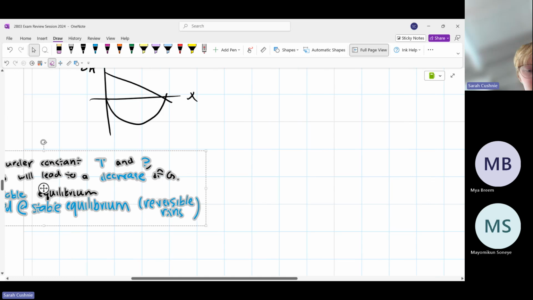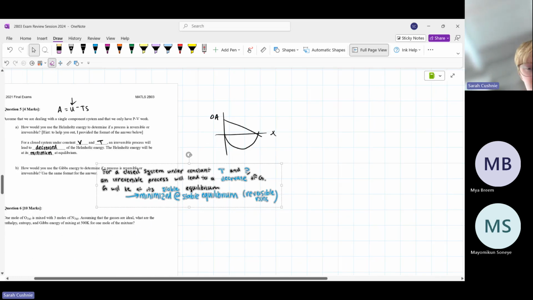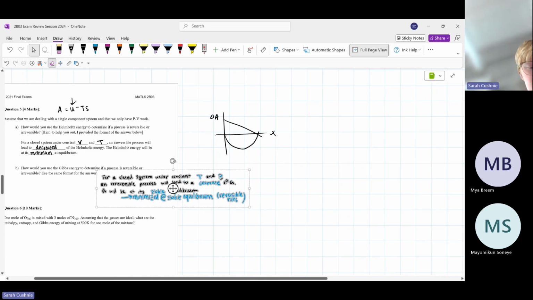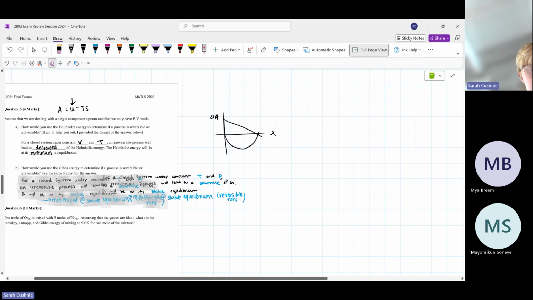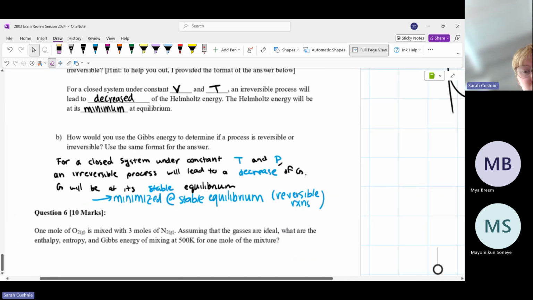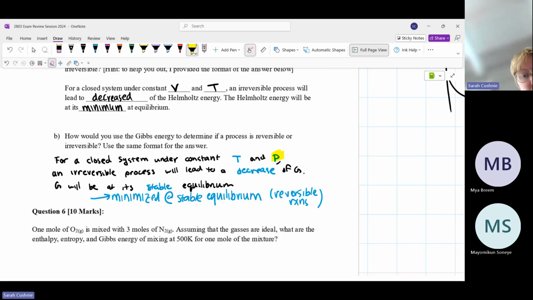So we're going to be talking about a closed system again, but now we're going to have constant temperature and pressure instead of volume. And this is the big difference between Helmholtz free energy and Gibbs free energy. And now an irreversible process will decrease Gibbs free energy, but at equilibrium, G will be stable.